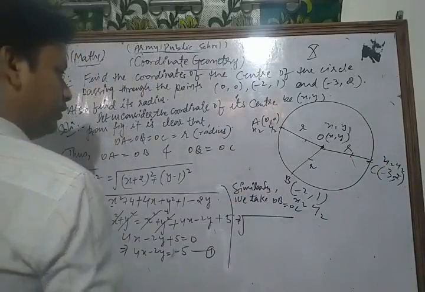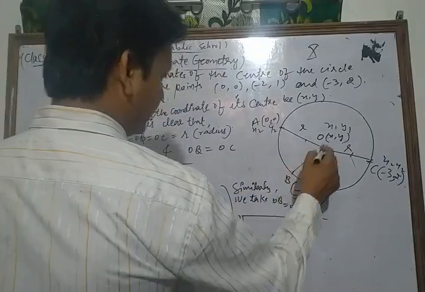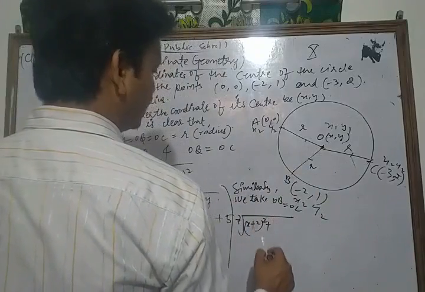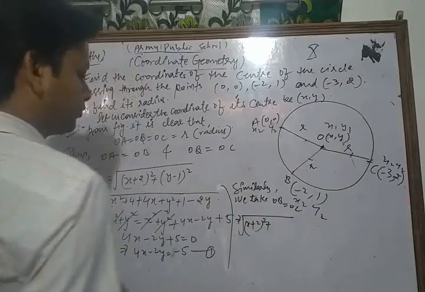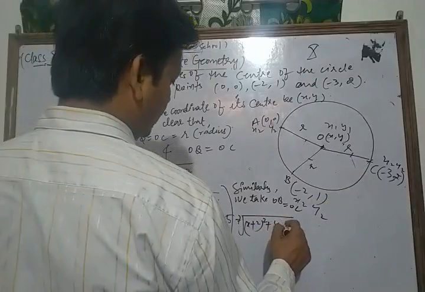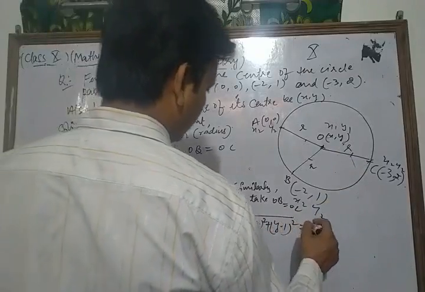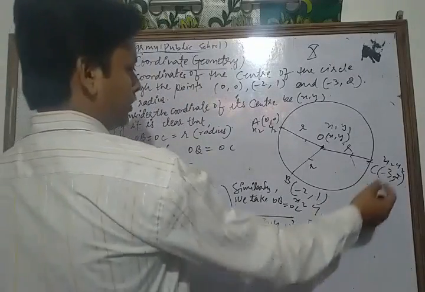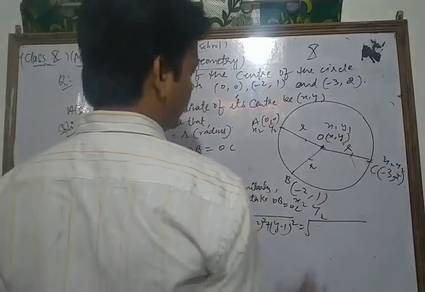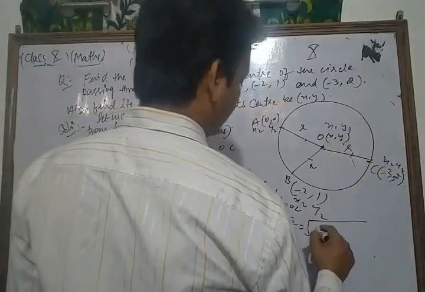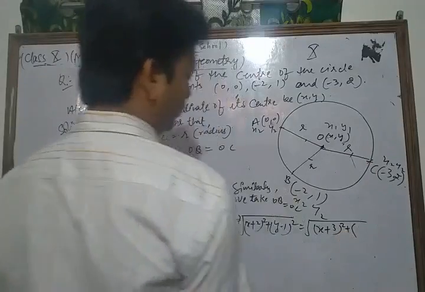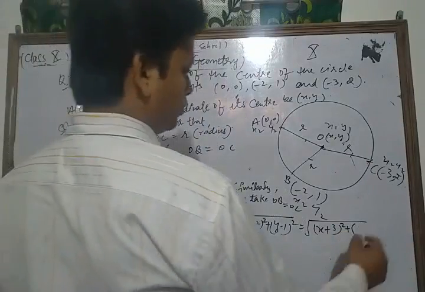So for OB we write x plus 2 whole square plus y minus 1 whole square is equal to x1 minus x2, this is x plus 3 whole square plus y1 minus y2 means y minus 2 whole square.